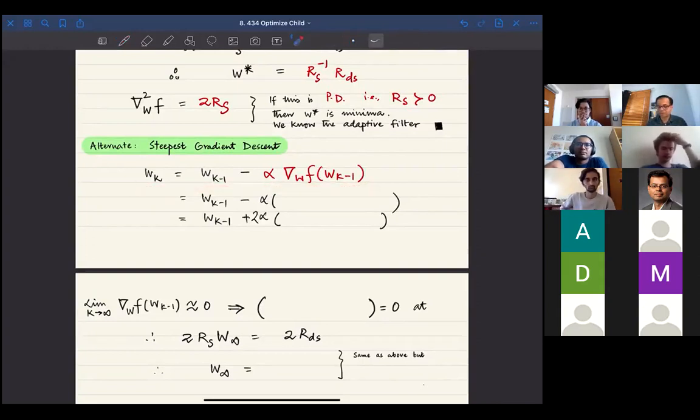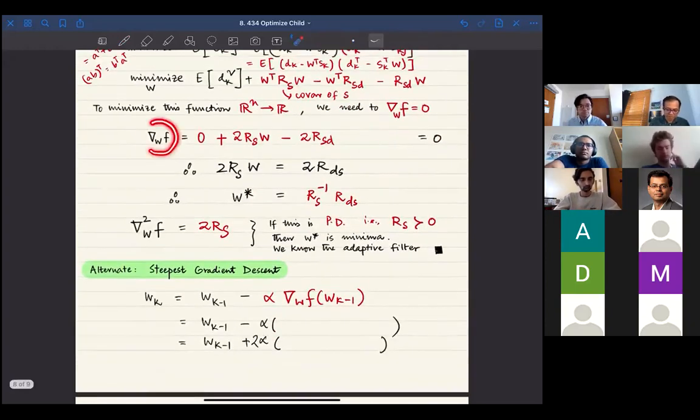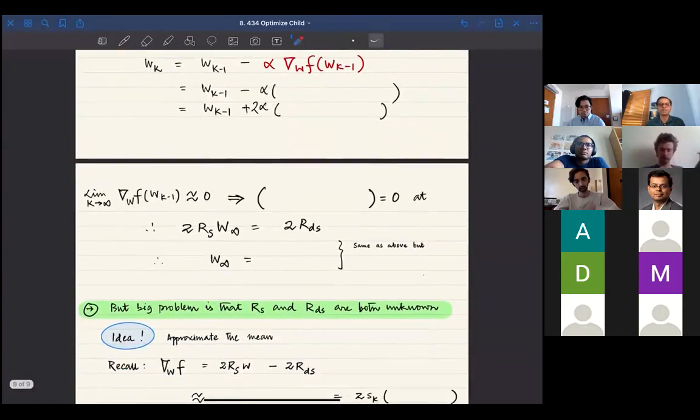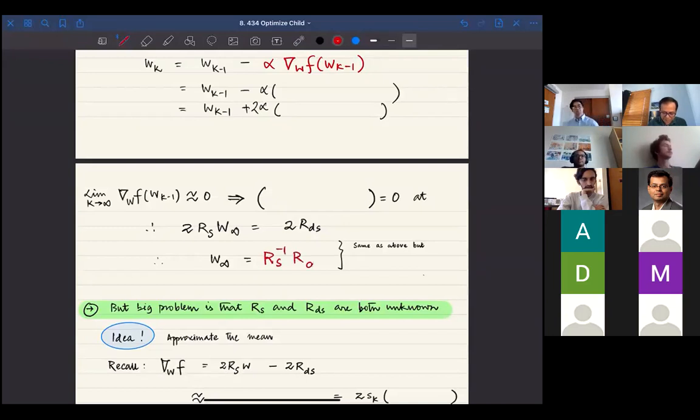So this is our gradient descent equation. You remember? And you know what the gradient of f is, so you can plug things in and keep doing it. I'll put it in the notes. I want to skip this quickly because this was just a side note, that even if you do gradient descent, when k goes to infinity, this W infinity is going to become RS inverse RDS, which is same as above.